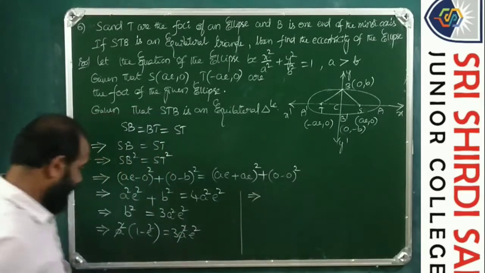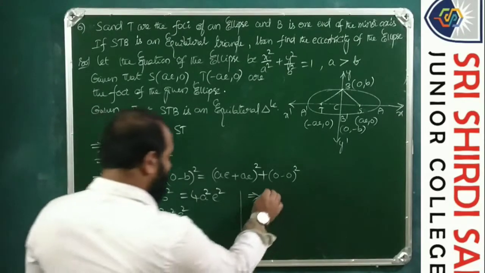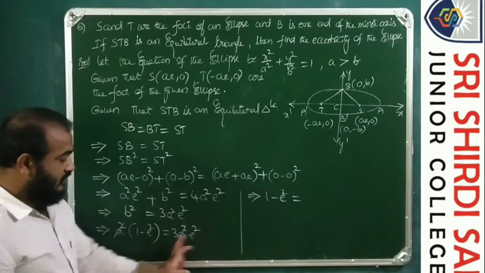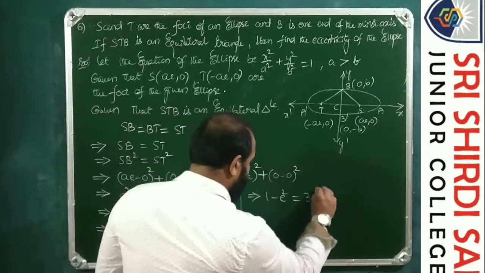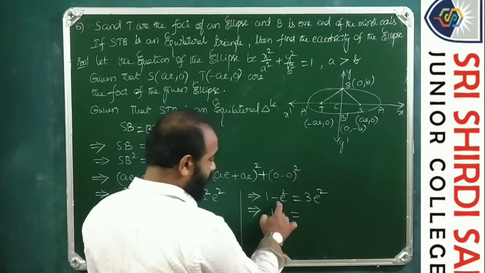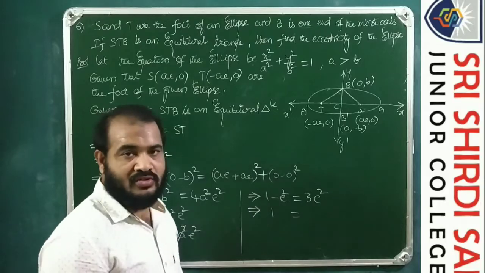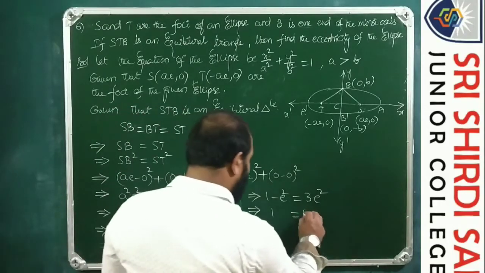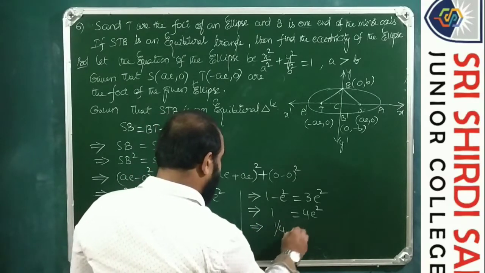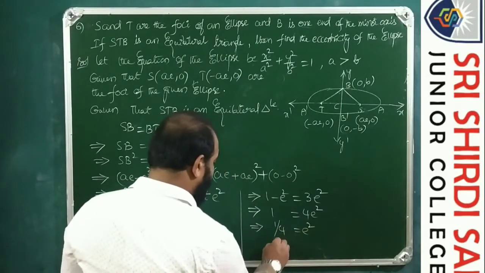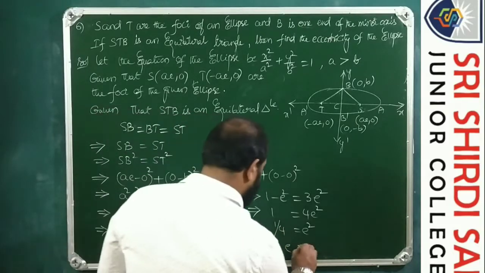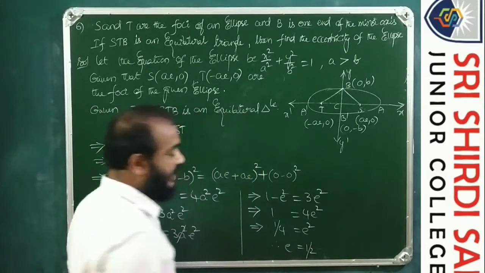This implies 1 minus e square is equal to 3e square. From this, transposing the minus e square to the other side, 1 is equal to 4e square. So 1 by 4 equals e square. Therefore e square equals 1 by 4, where e equals 1 by 2 is the eccentricity of the ellipse.